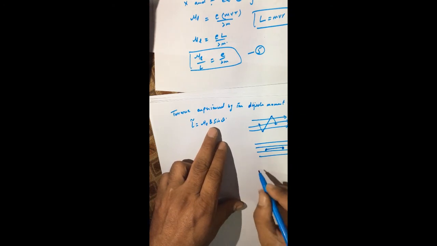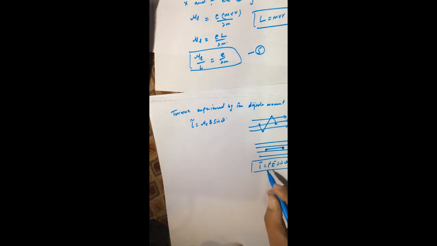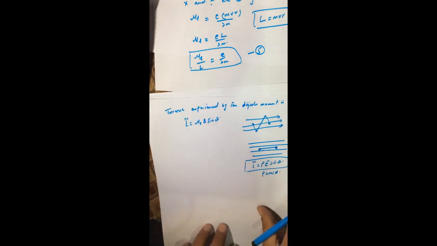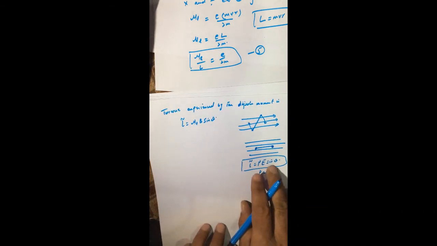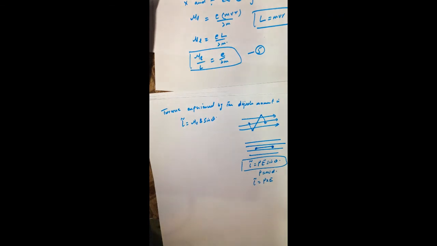While in the case of electric field, we have the torque, which is equal to P E sine theta, where P is the dipole moment, which is equal to q d, and E is the electric field, or we can say that tau is equal to P cross E. So this is the same situation as for the magnetic dipole moment. So I will stop my calculation here, and I will do the rest of the calculation in the next video.